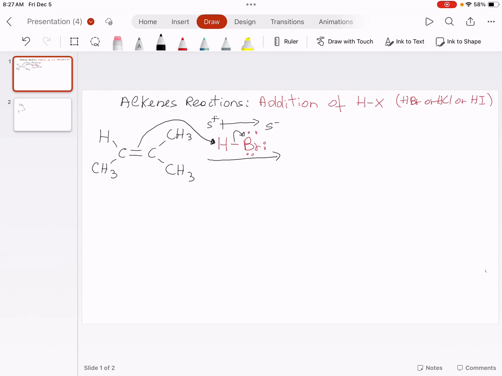So this reaction gives two potential intermediates. It's either going to give us an intermediate where the hydrogen goes onto the carbon that has more hydrogens, so the double bond will disappear because we did use the pi electrons. So we have basically two options.